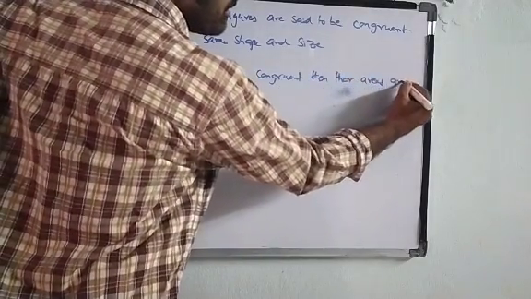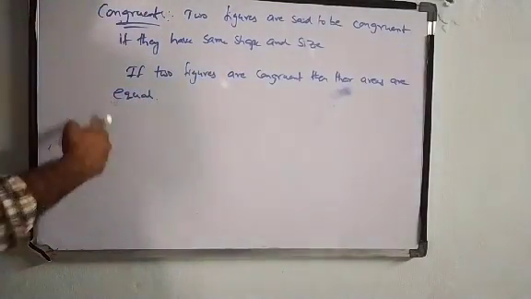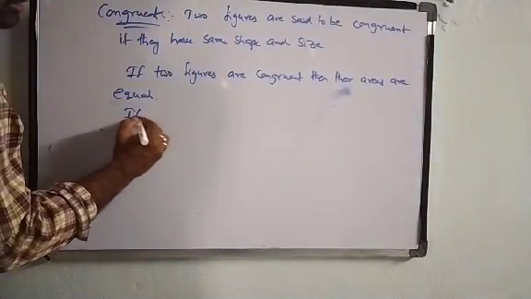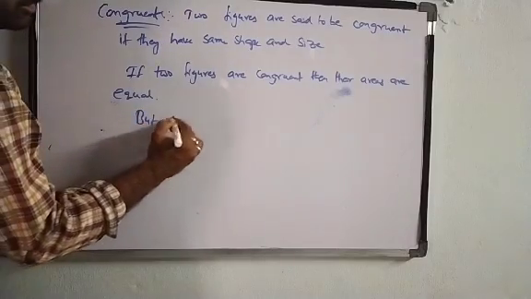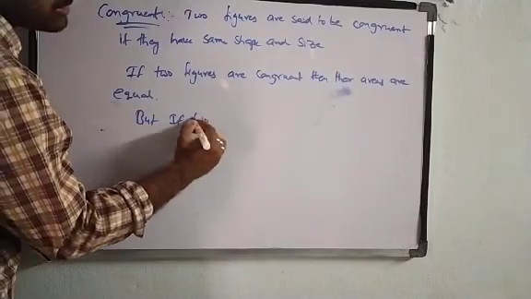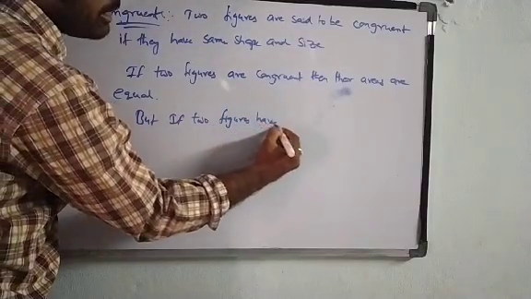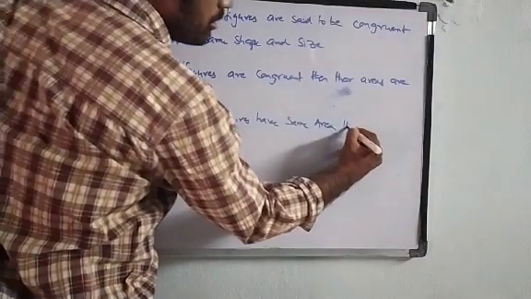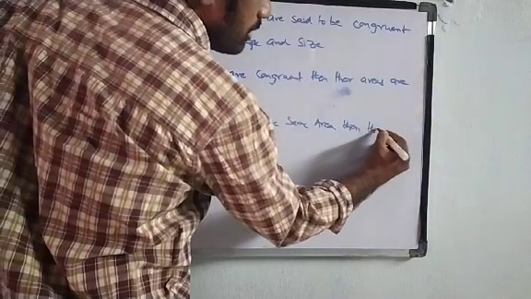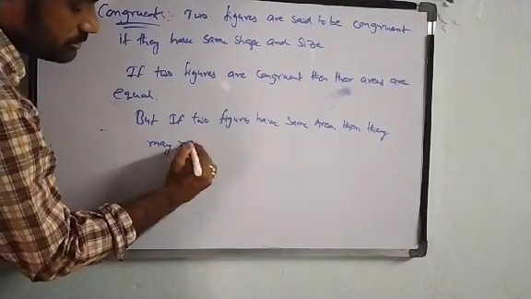Like the second scenario, if two figures have the same area, then they may not be congruent.